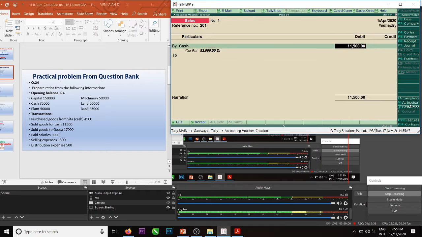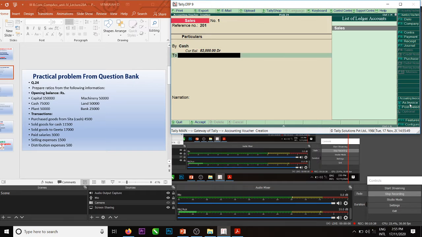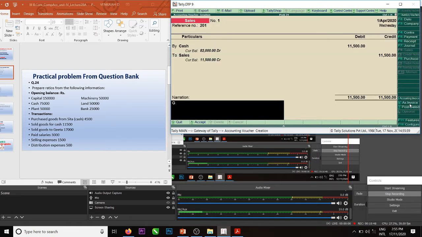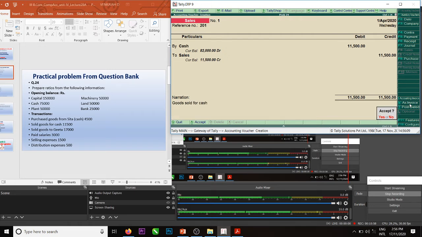We'll try for buy whether it is possible or not. No. Sales. Goods. Goods sold for cash.